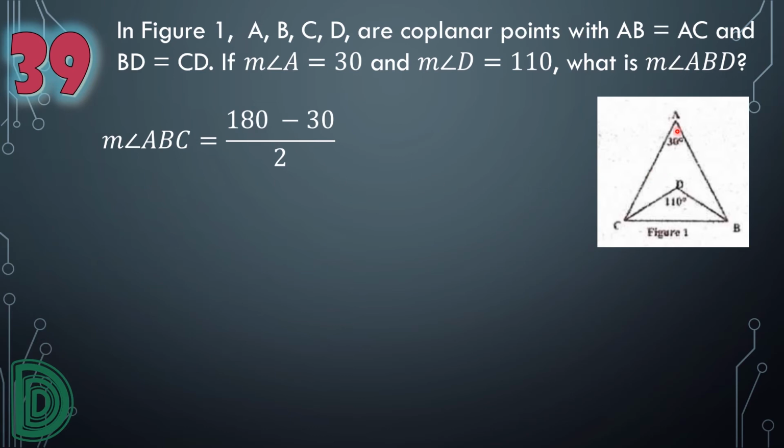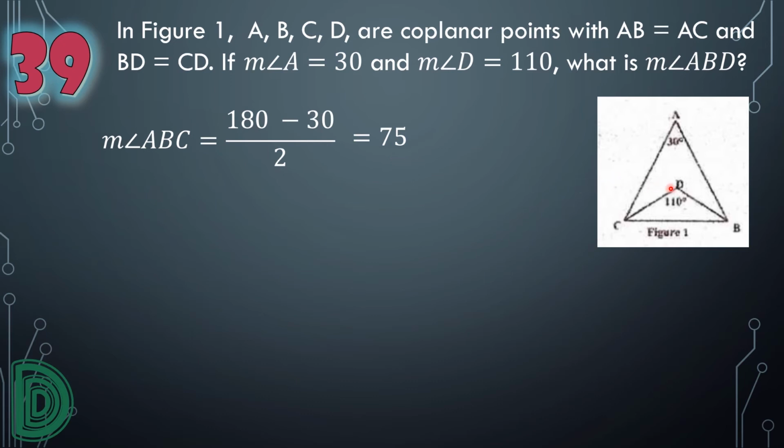We first get the measure of angle ABC. Since AB and AC are equal, this is an isosceles triangle. Angles ABC and ACB are equal. So to get the measure of angle ABC, that will be 180 minus 30 divided by 2. Hence, the measure of angle ABC is 75.